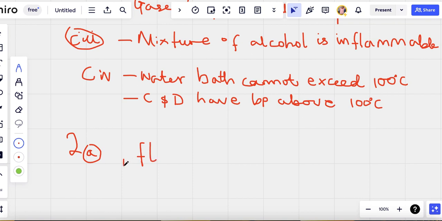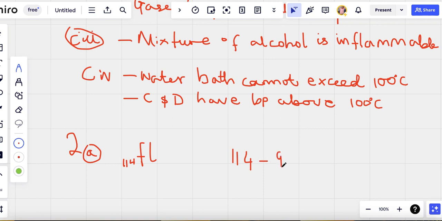We need to find the difference, so we can guess which element was bombarded with it. 114 minus 94, we get 20.